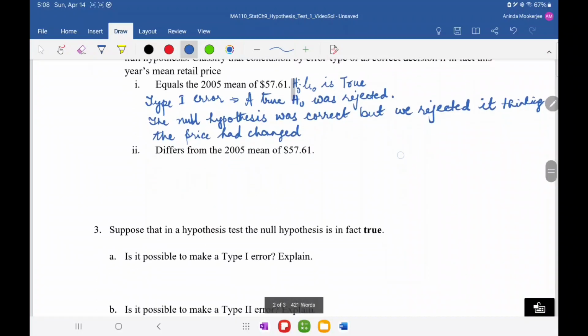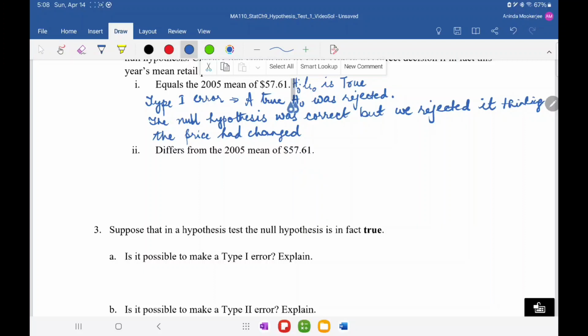Now, part 2 says if it differs from the 2005 mean of 57.61. Now, what does this mean? It means that the price has changed. This year's price has changed. It differs from the 2005 mean of 57.61. That means the 2005 mean is no longer good.